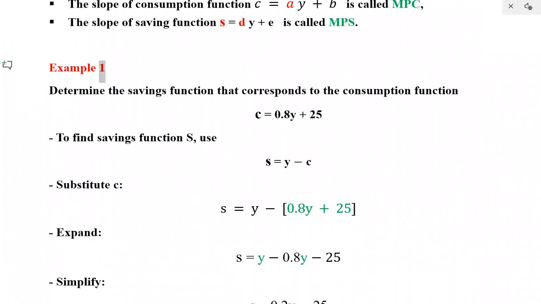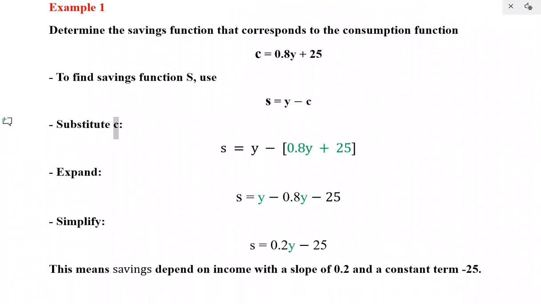Example 1. Determine the savings function that corresponds to the consumption function C equals 0.8y plus 25. To find savings function S, use S equals y minus C. Substitute C. S equals y minus open bracket 0.8y plus 25 close bracket.